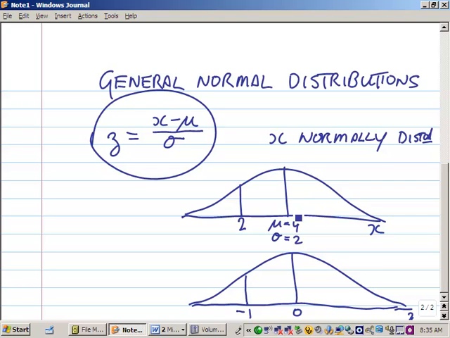Similarly, if we were going to go 2 standard deviations up from the 4, one standard deviation is 2 units, so 2 standard deviations would be 4 units. 4 plus 4 is 8, and brings us here on the z distribution. That would correspond to plus 2, meaning 2 standard deviations above the mean. A z of minus 1 again would be 1 standard deviation below the mean.